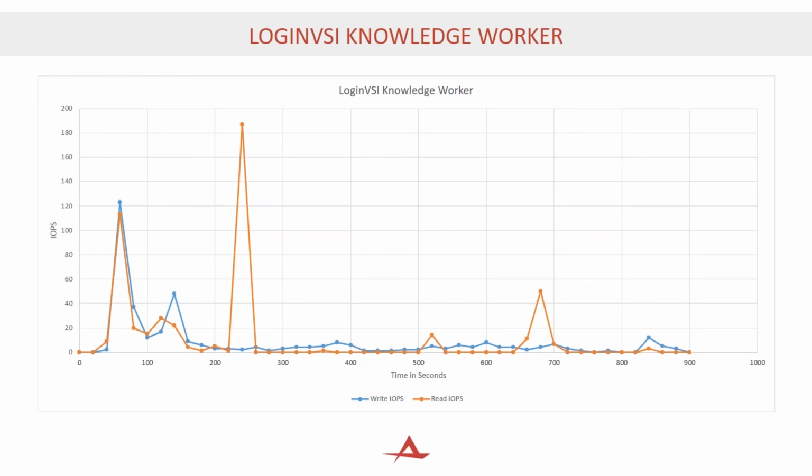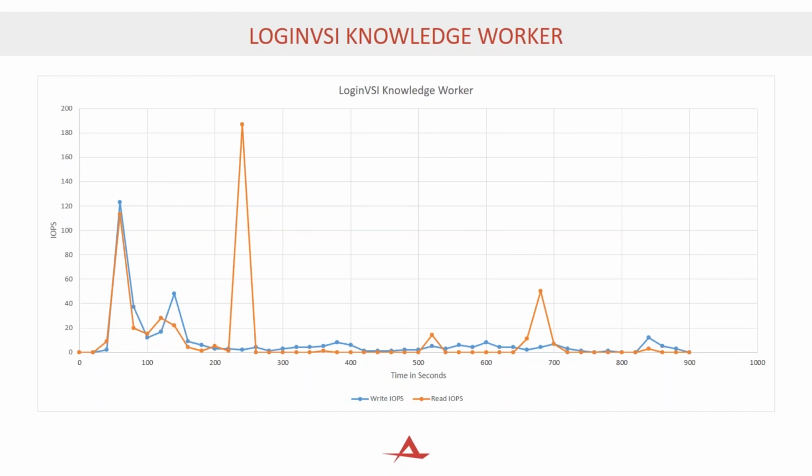Then you have quite a lot of other mini activities, web browsing. You have a large read peak at 180 there, which I believe is opening the PDF. Then you have other things going on, like web browsing and opening PowerPoint.